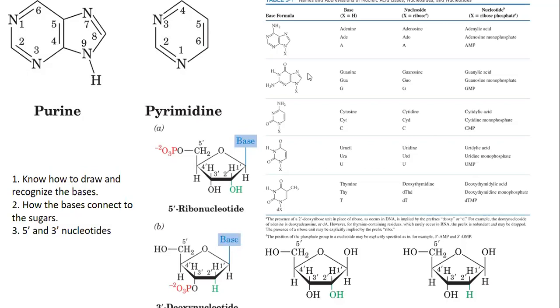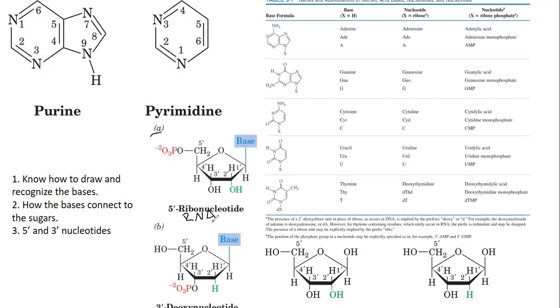You also need to know, how do bases connect to the sugar? So if we look here in the middle, this is one of the sugars that can be used for nucleotides. This is called a ribonucleotide, which is part of RNA.